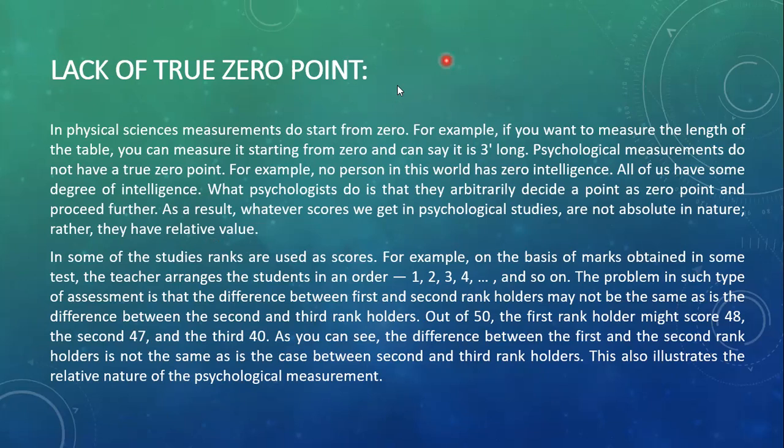Relative, because they are compared to some arbitrary value. For example, as I said, 75 is average intelligence. Above 75, you are intelligent. Below 75, you are less intelligent, poor intelligent.